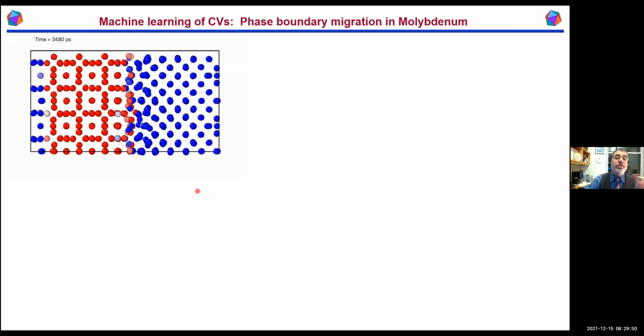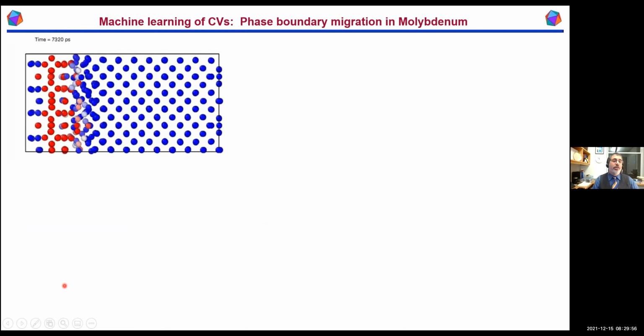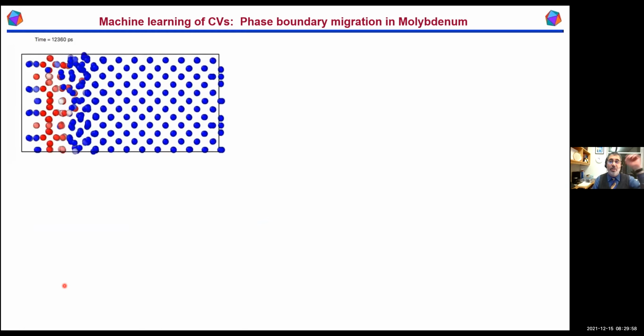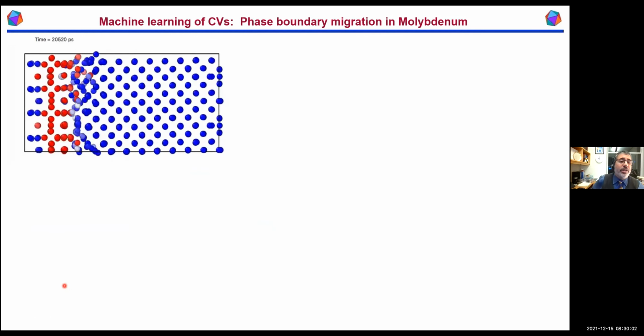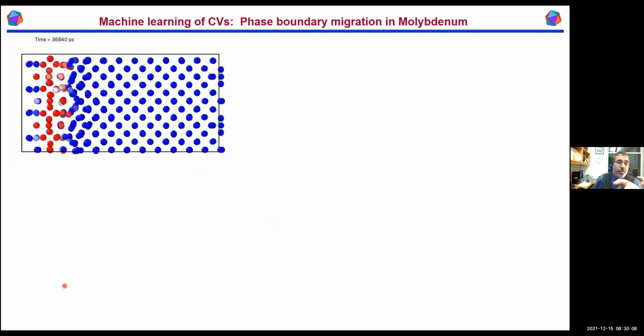Now I can use this as a collective variable set to drive my enhanced sampling along with, for example, the cell parameters. When you do that, you can generate very easily the transition, the motion of the interface between the A15 and the BCC phases.